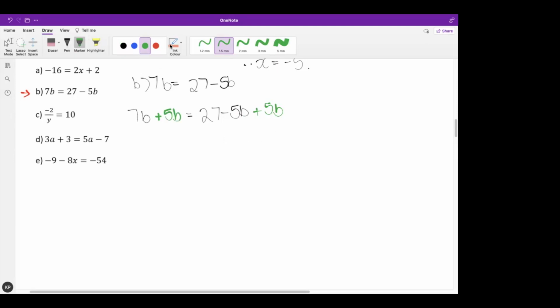And then on my right-hand side, it will be negative 5B plus 5B, and they will cancel out and disappear. So then here I have 7B plus 5B. What's 7B plus 5B? 12B is equal to 27. Wonderful.